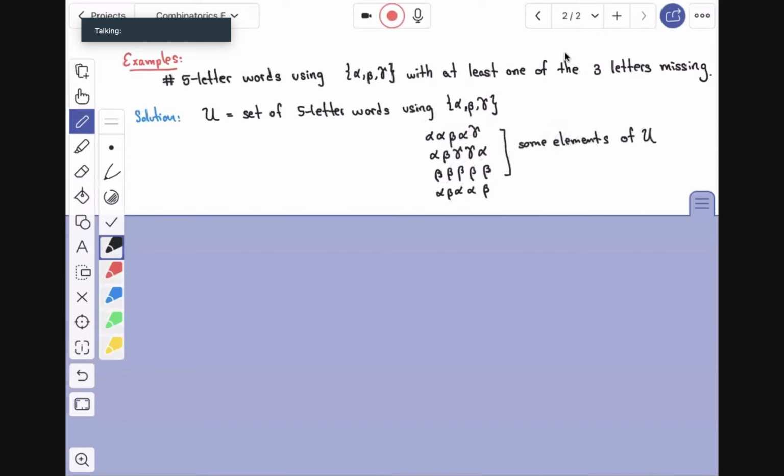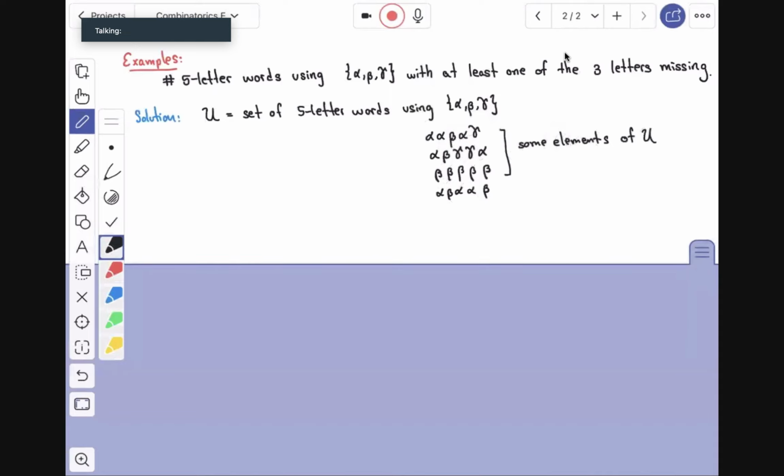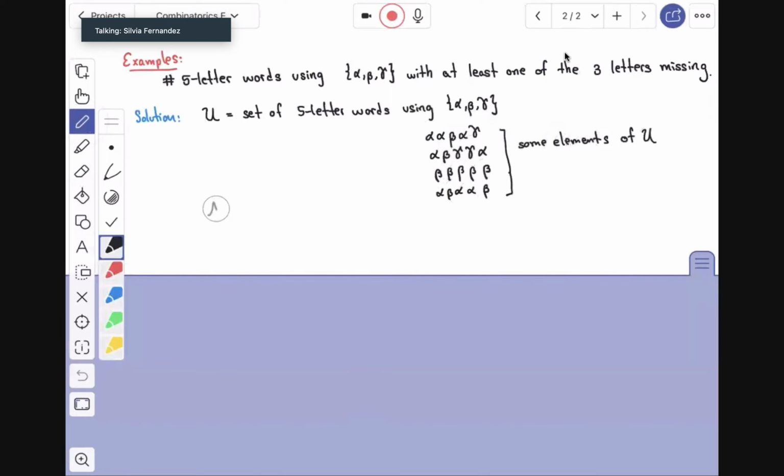So I do want to count those two, but not the first two. Okay. So I'm going to say A alpha. So what's the condition is that they're missing one letter, at least one letter, right? So I'm going to make A alpha the ones that miss alpha.